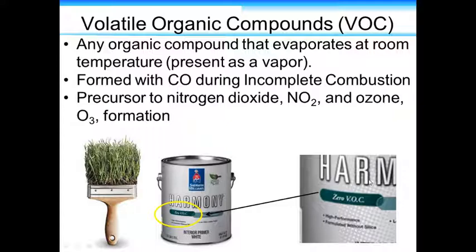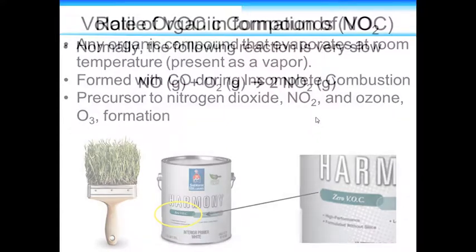That means you're not going to have these organic molecules off-gassing from your paint as it dries, which is just going to lower the level of indoor pollutants that can cause irritation or other problems, potentially cancerous for long-term exposure.